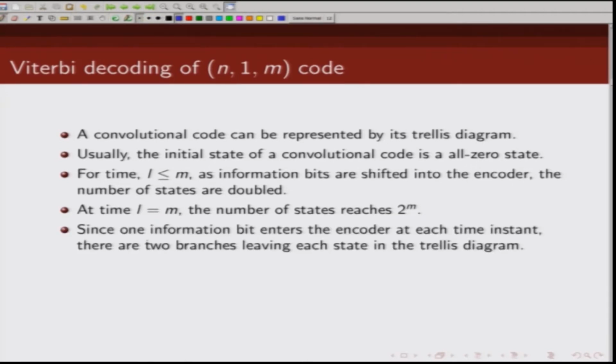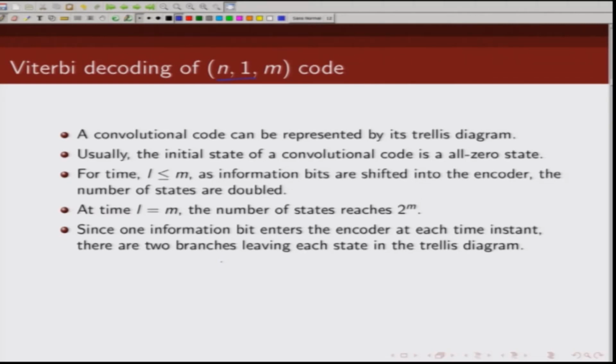Since we are considering a rate 1 by n code, k is 1. So at each time instance one information bit enters the encoder. There are 2 possible branches leaving each state, one corresponding to information bit 0, the other corresponding to information bit 1.